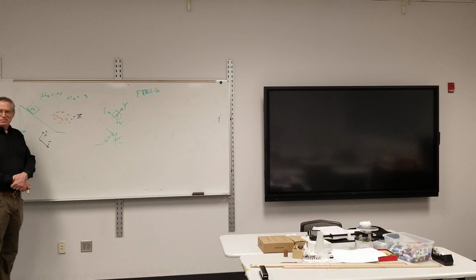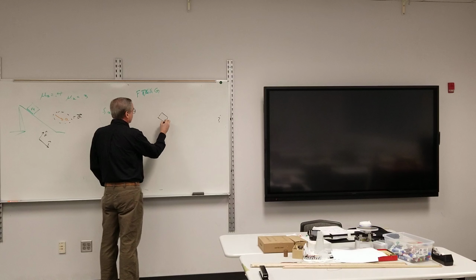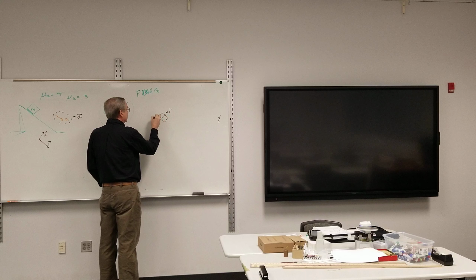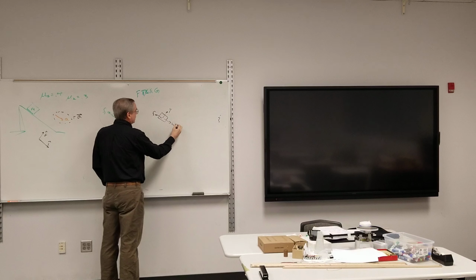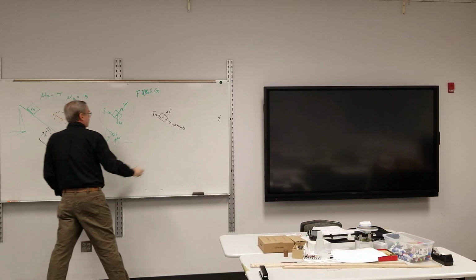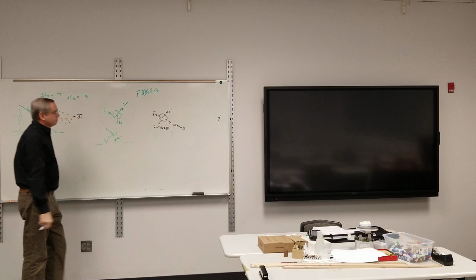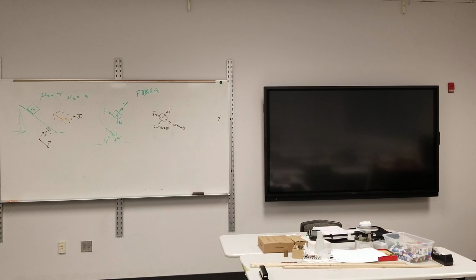So we have normal force going this way, we have friction going this way, we have the weight times the sine of theta, where this angle down here is theta, and weight times the cosine of theta. That's D, the decomposition bit.